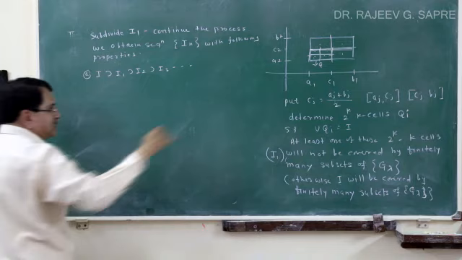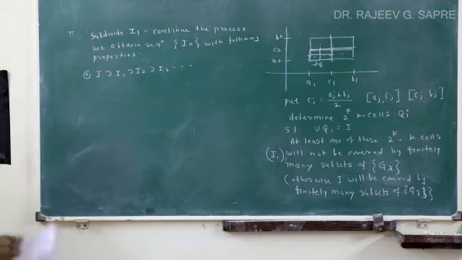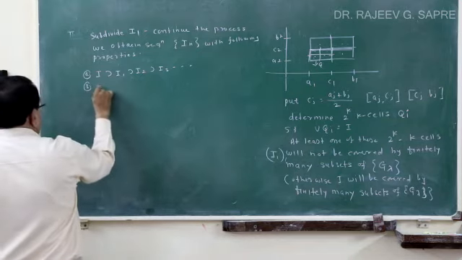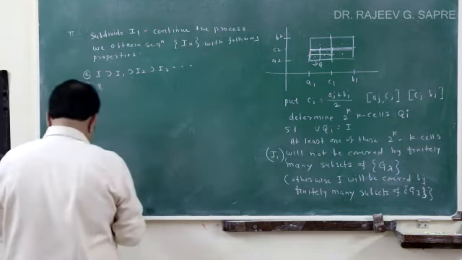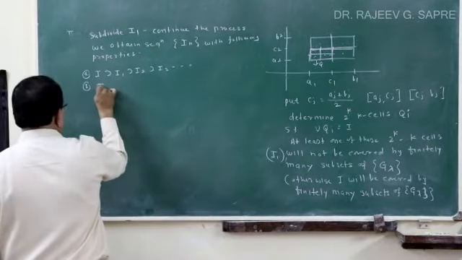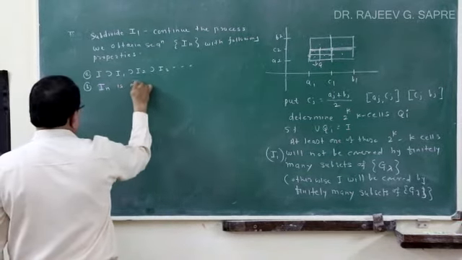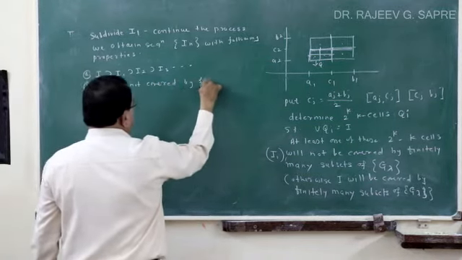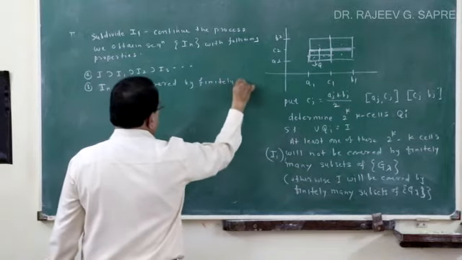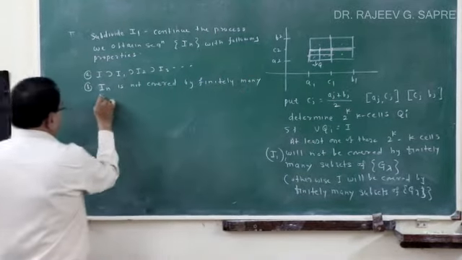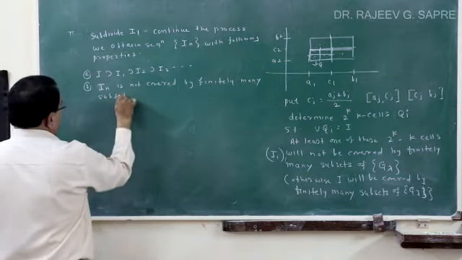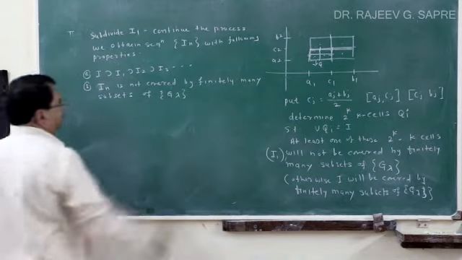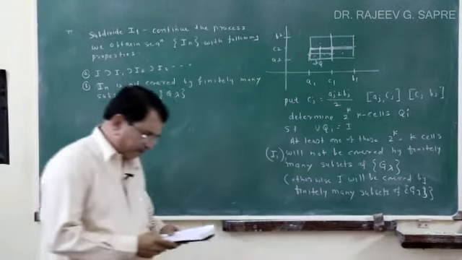So these are nested K cells that we are getting. Remember, these are nested K cells. Then each In is not covered by finitely many subsets of G lambda.